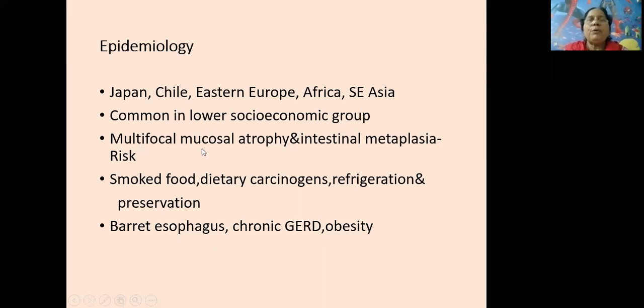Then multifocal mucosal atrophy, intestinal metaplasia, people who have these run a risk. Smoked food, dietary carcinogens, refrigeration, preservation, all these are risk factors. Then Barrett esophagus, chronic gastroesophageal reflux disease, also cause gastric cancer. Then obesity. Obesity causes chronic GERD.